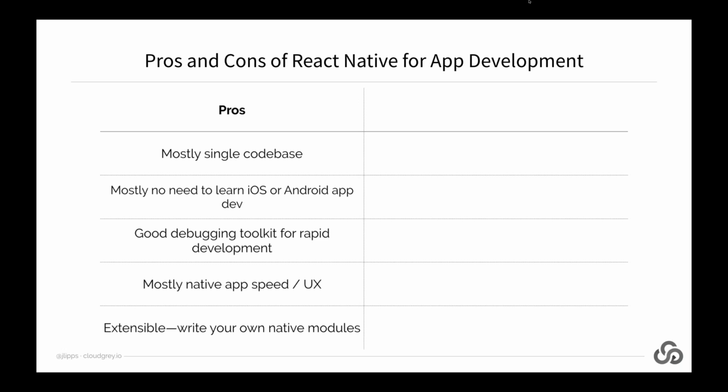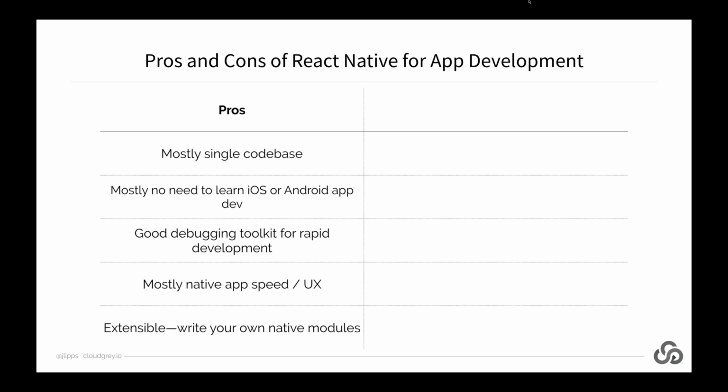You get, again, mostly native app speed and user experience, and that's the whole point, that ultimately we're dealing with native applications here and not hybrid applications. I say mostly because, of course, you still have a little bit of overhead with the JavaScript engine and the React Native bridge. So there is that.